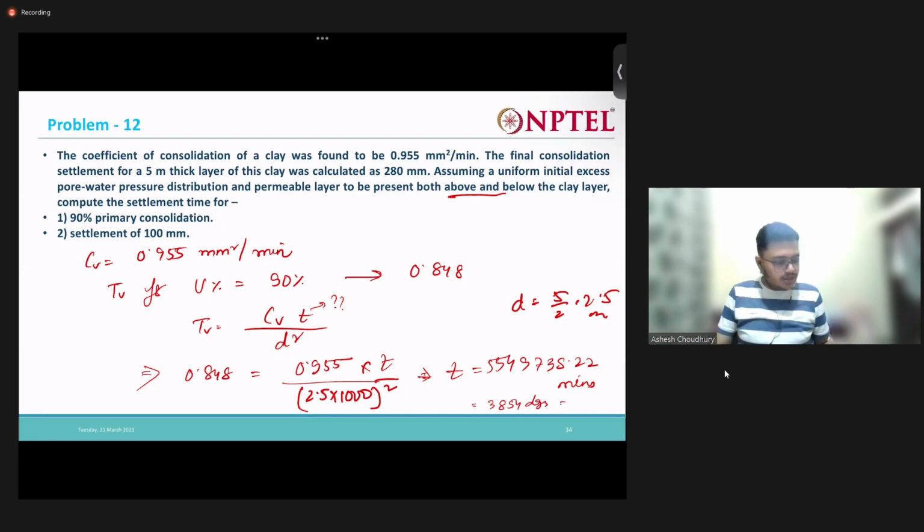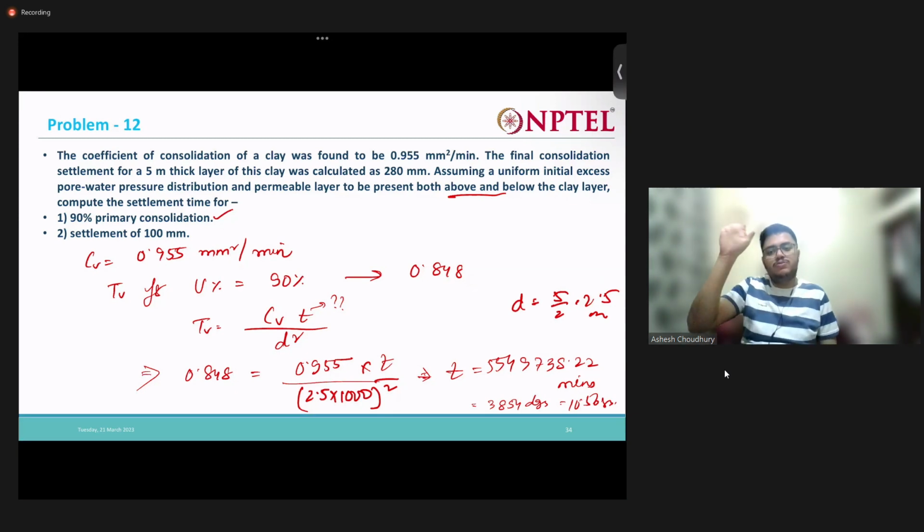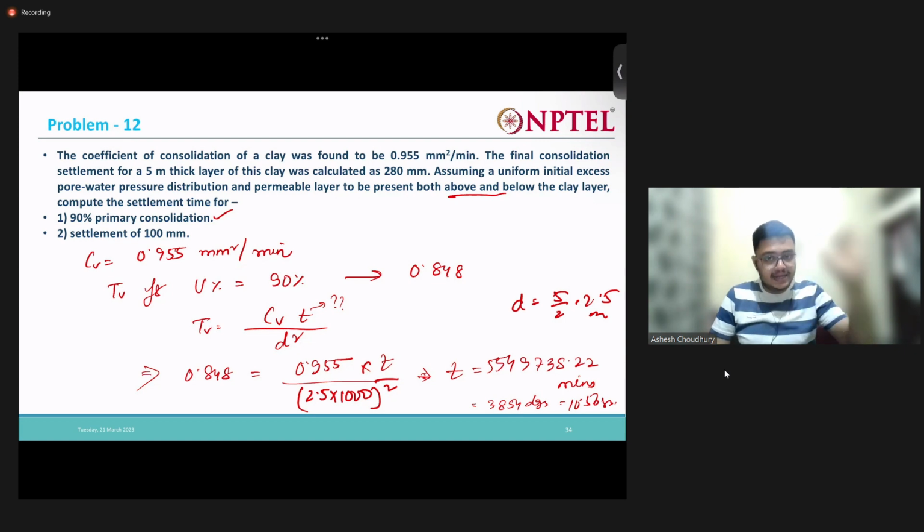If you convert it to years, 10.56 years. Okay, so this one is done. So 10.5 years will be required to reach 90% of the primary consolidation. We will need more than 10 years to reach that point.